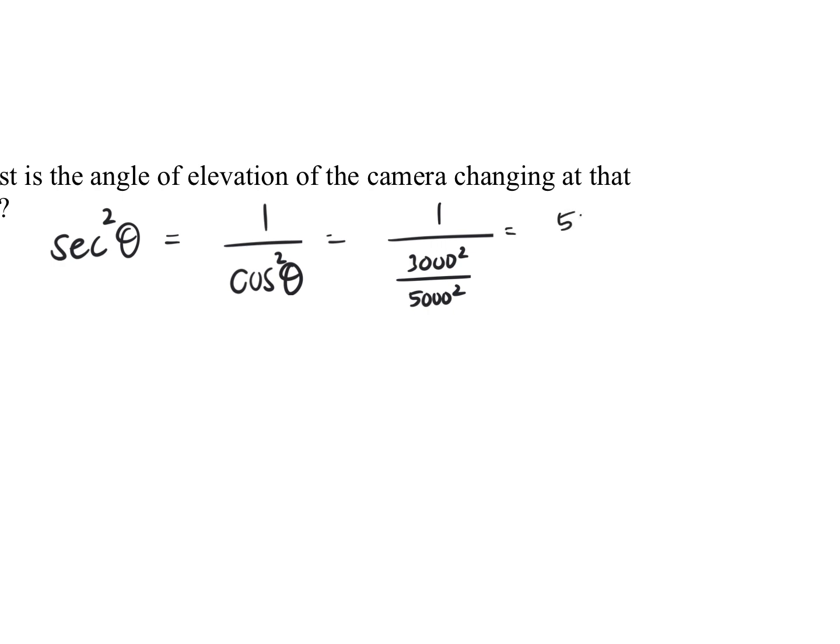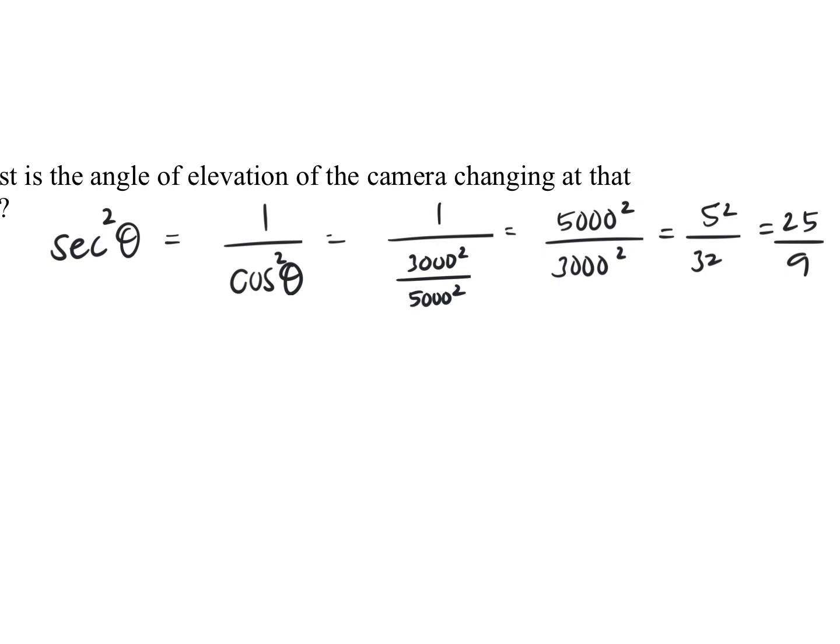So it'd actually be 5,000 squared divided by 3,000 squared, which we could simplify to 25 over 9, or 5 squared over 3 squared. So I just evaluated that secant squared of theta is equal to 25 over 9 in the case of our problem.